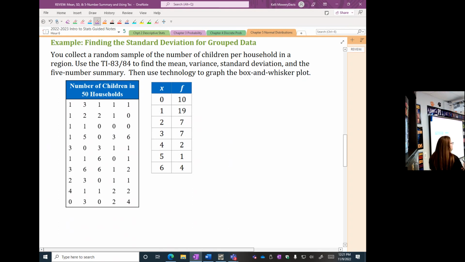We're going to use our calculator to find all of our information: the mean, the variance, the standard deviation, and the 5-number summary. I've taken all this data and already put it in the frequency. There's only 7 outputs, 0 through 6. Here's how frequently they occur. Those are the things that need to go into L1 and L2, and then we're going to run a 1 variable stats.